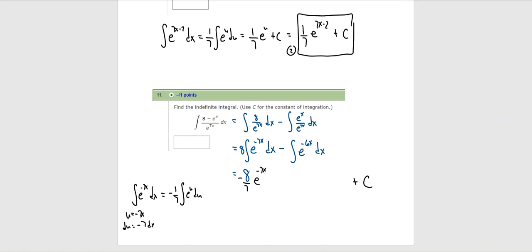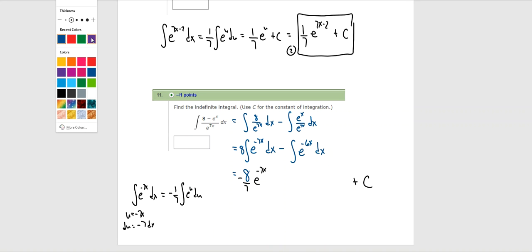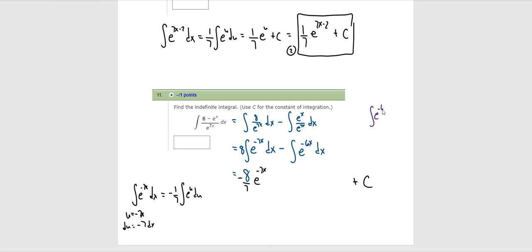We also have the integral of e to the negative 6x dx. If u is negative 6x, du is negative 6 dx, right?